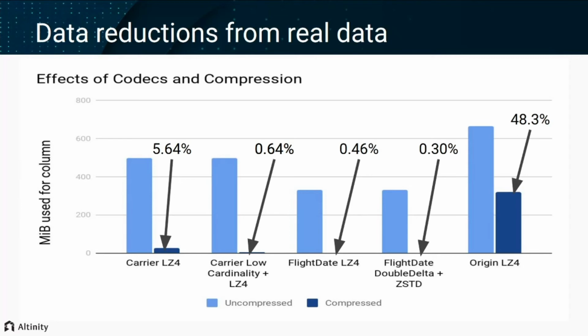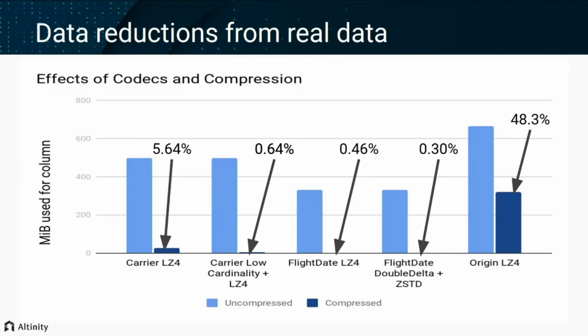But we can do better than that by tweaking it and actually explicitly choosing low cardinality on string, so the dictionary encoding, and then still using out-of-the-box LZ4 compression. We now reduce that to 0.64%. So the data size for this column has been reduced by a factor of over 100.